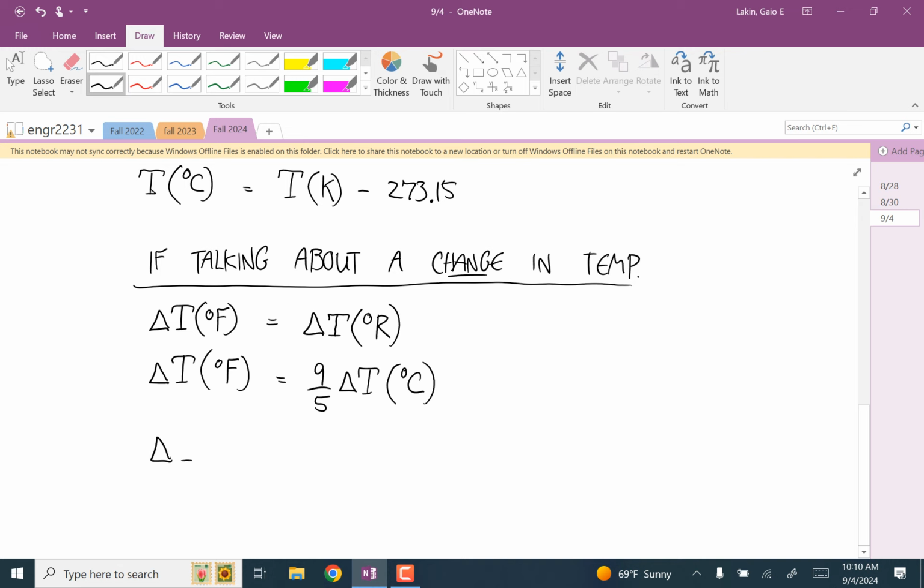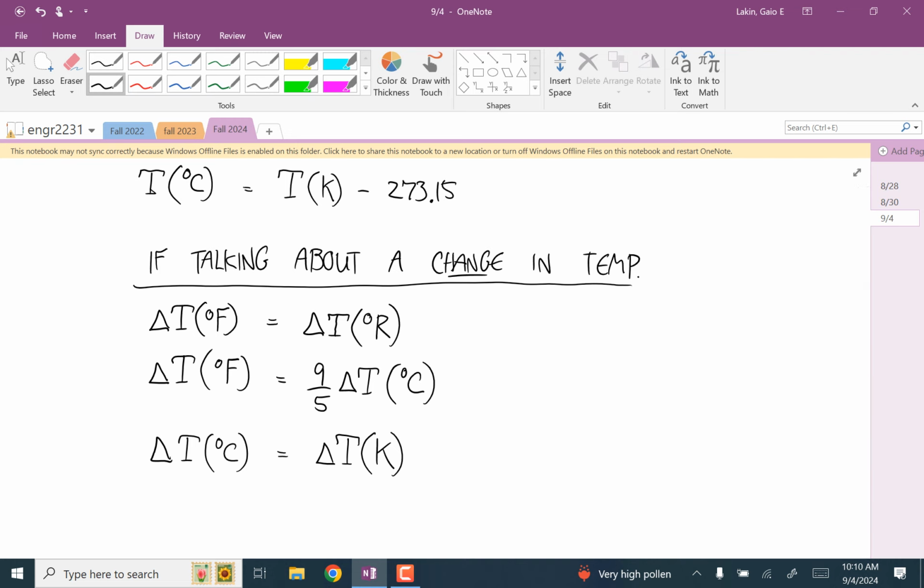And the change in the Celsius temperature is the same as the change in Kelvin. So the change in Fahrenheit is the same as 9/5 Kelvin? Yes, right, you could substitute Kelvin in that second equation for the Celsius one. That's right.